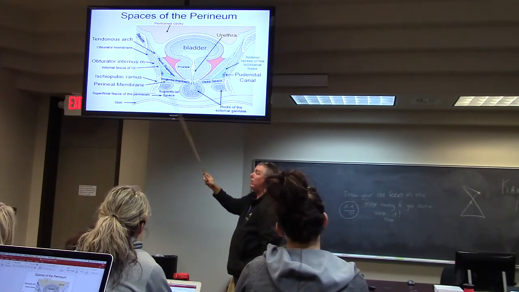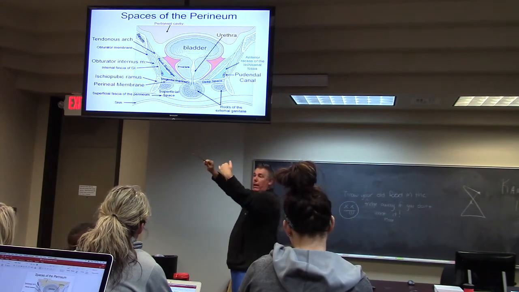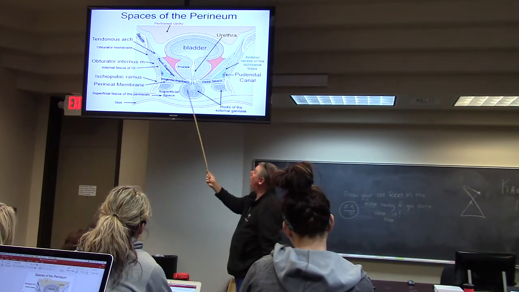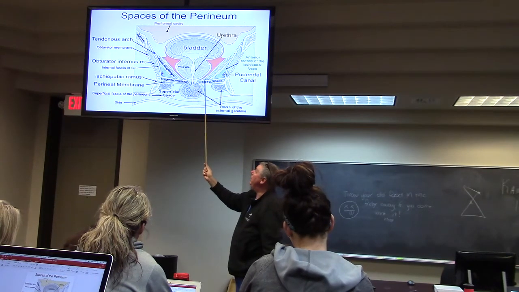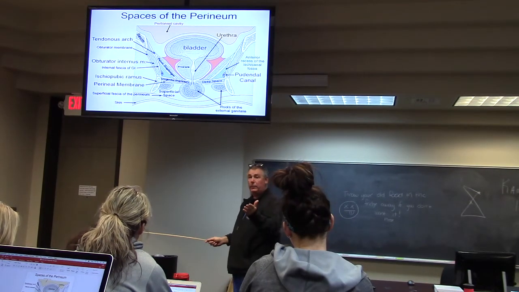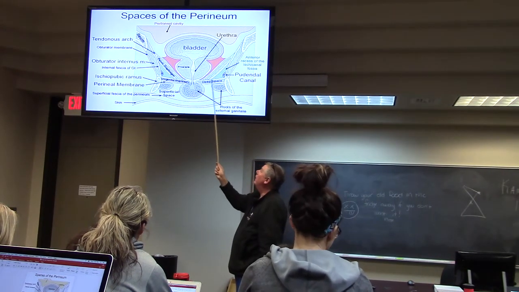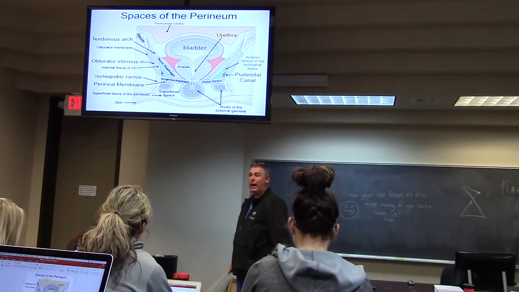That's the 90-degree angle. You're going to make the turn to go up through the membranous urethra. Remember I mentioned that yesterday? That's the part of the urethra that's within the UG diaphragm.